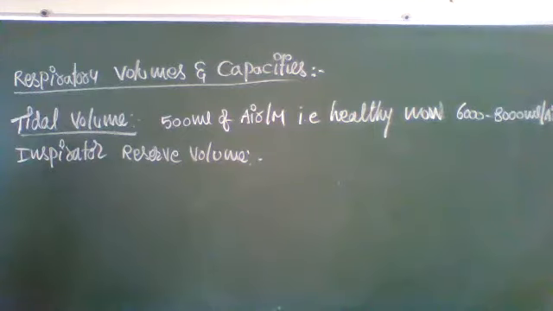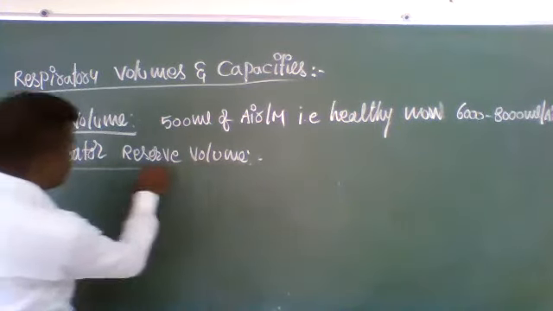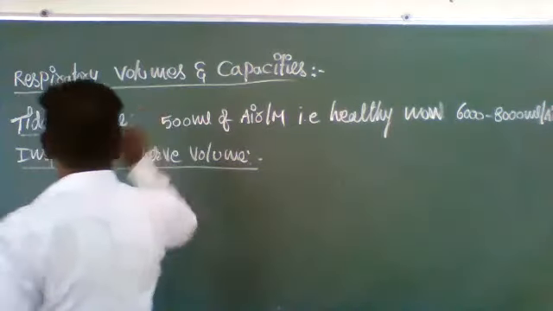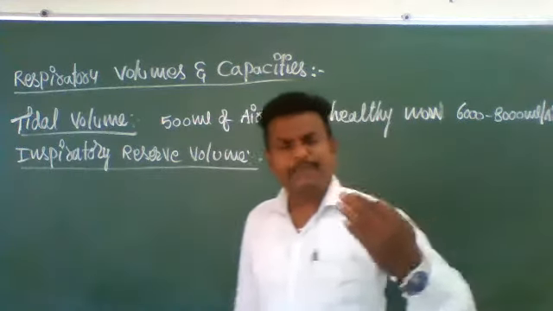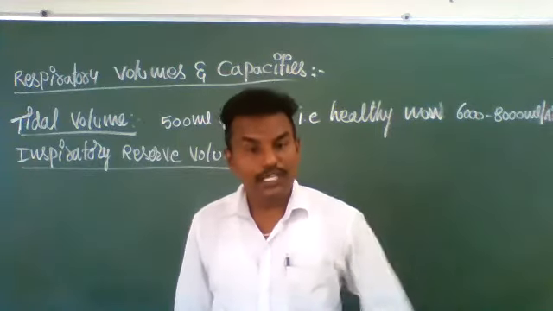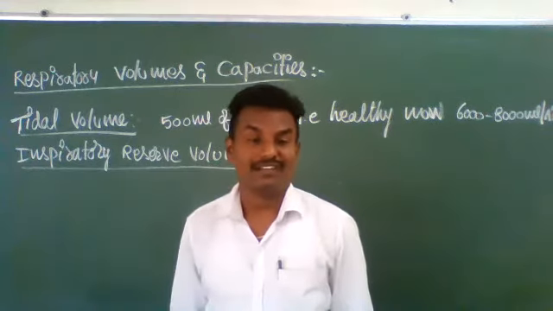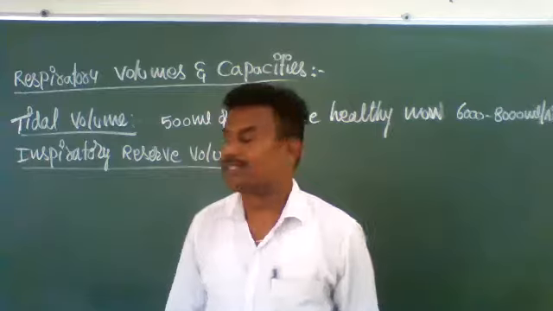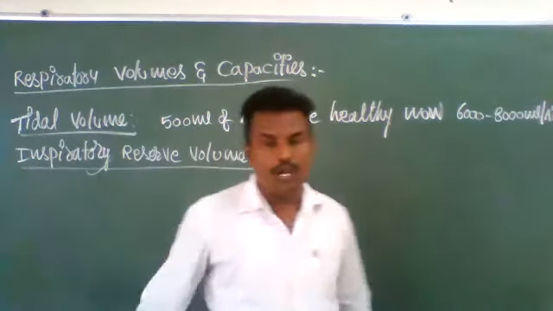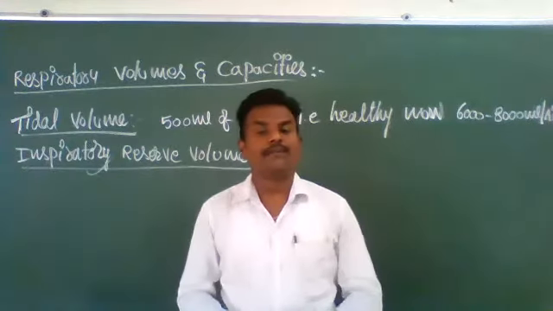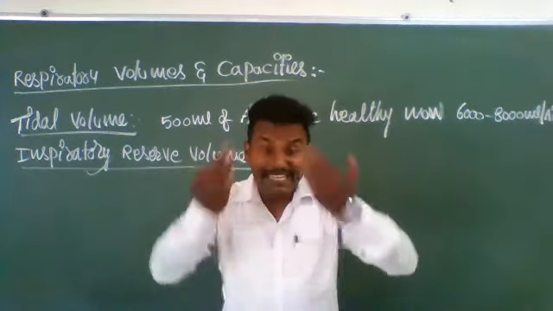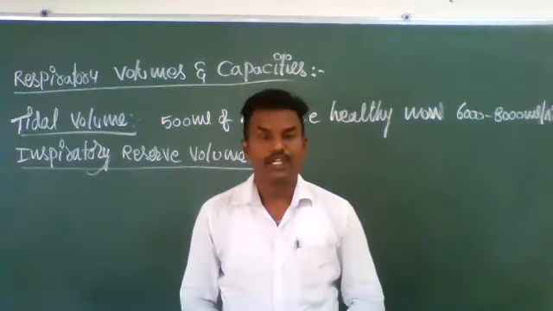Next one is inspiratory reserve volume. The maximum volume of air that a person can inhale during forced inspiration, in addition to the tidal volume, is called inspiratory reserve volume.